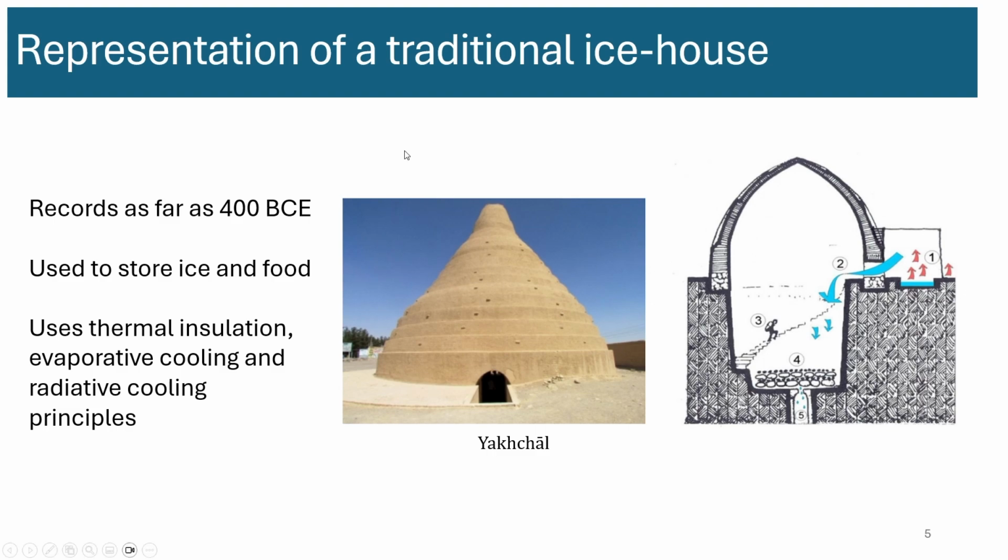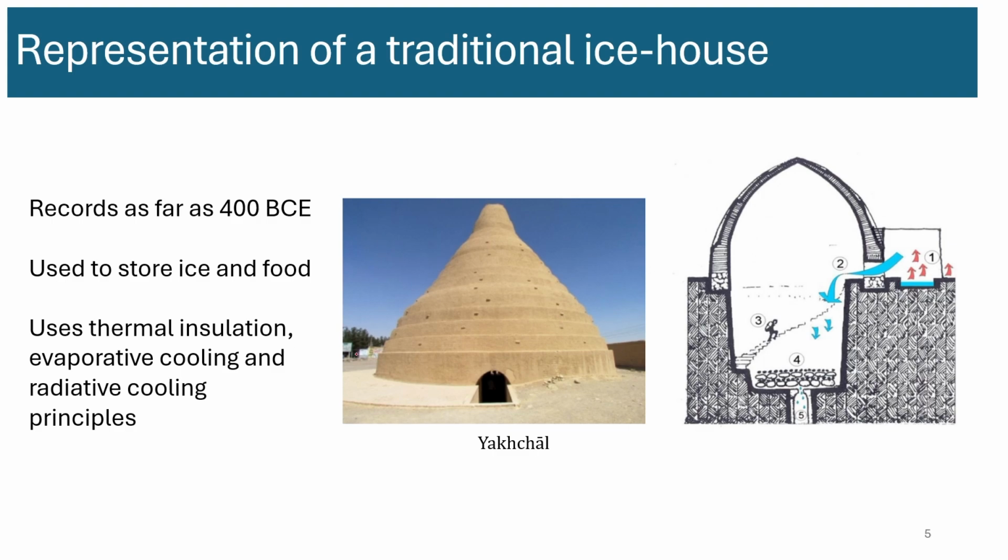There are several old designs. One of them, this is an image of a storage house that was in Iran, and they called it Yakshal, and this is recorded in 400 BCE. A lot of them are built with mud houses, and they're dug deep inside the earth, and the ice may be stored at the bottom layer. So it's away from the heat of the sun, and whenever you need ice, you come down here and take it.